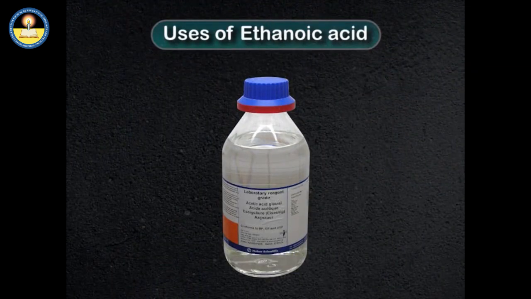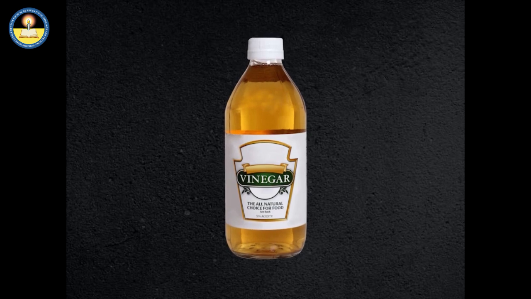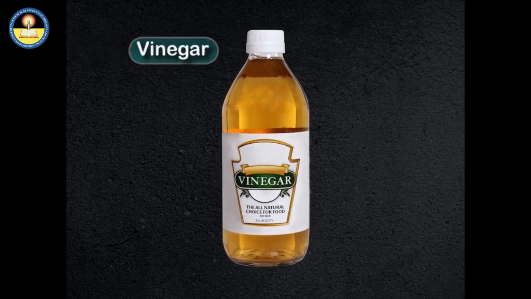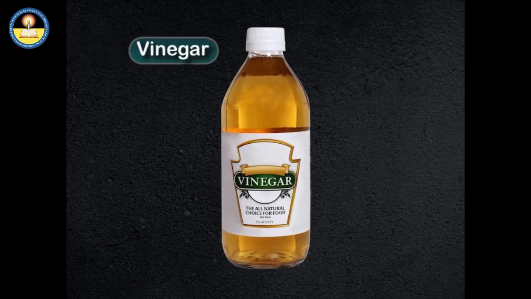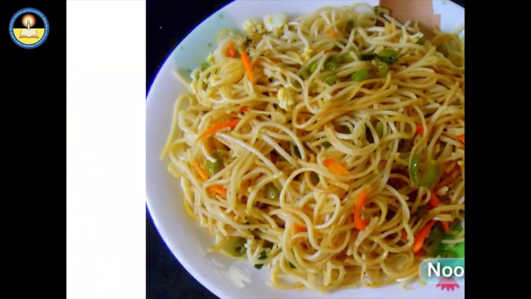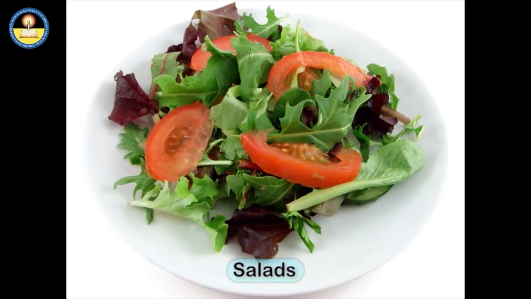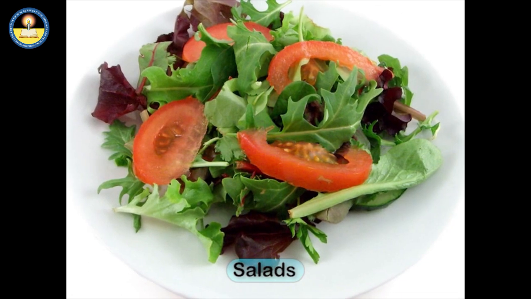Uses of ethanoic acid. A 5 to 8% solution of ethanoic acid in aqueous solution is known as vinegar. Vinegar is used in pickles, noodles, sauces, salads as a preservative to provide a typical flavor.